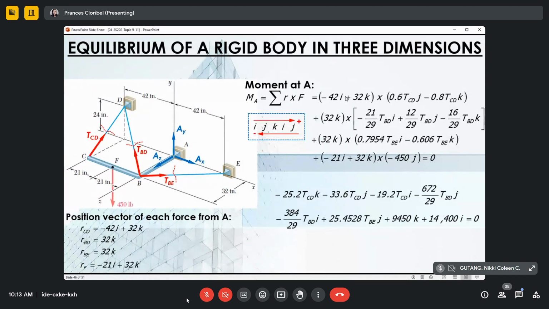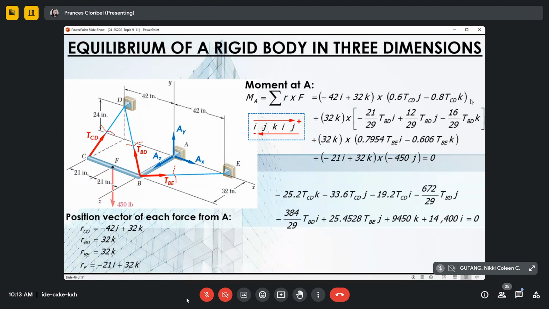Next, I times K. I, K is negative J. To the left, so it is already negative, and multiplied by a negative unit vector it stays negative. All three are negative. J times I, K. Next, K times J. K, J is negative I. So 19.2 TCD I. Next, K times K is 0.